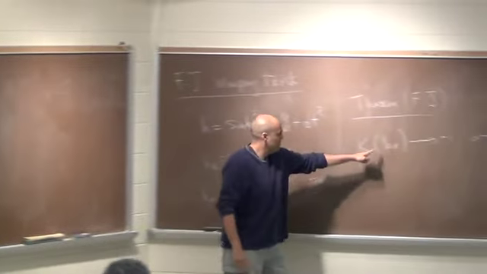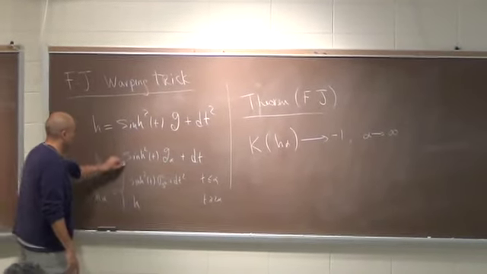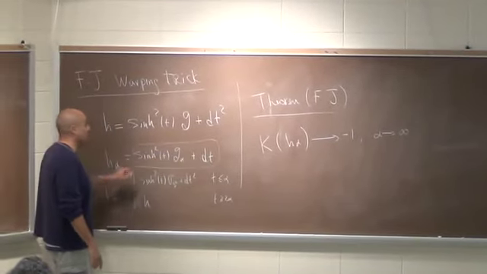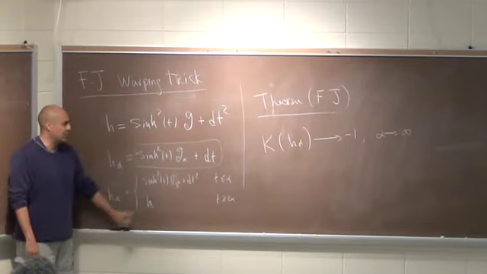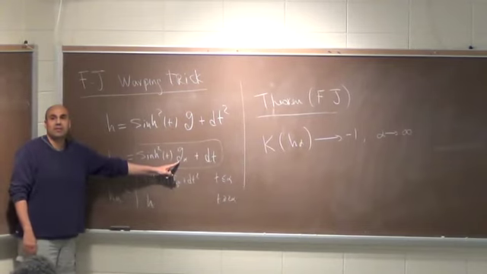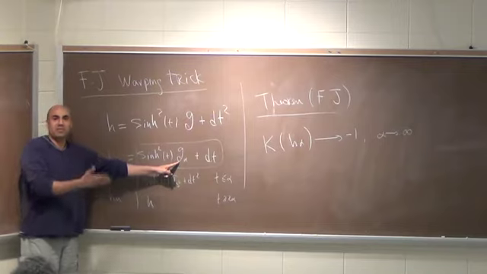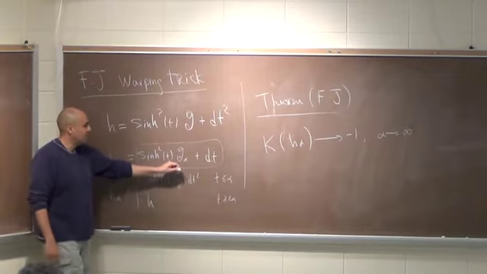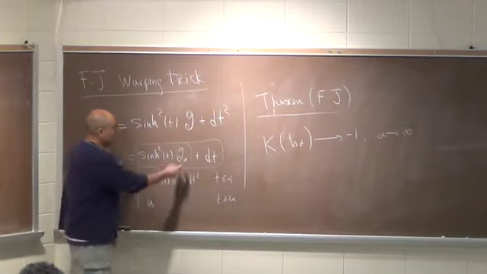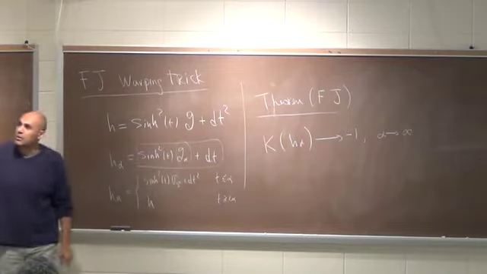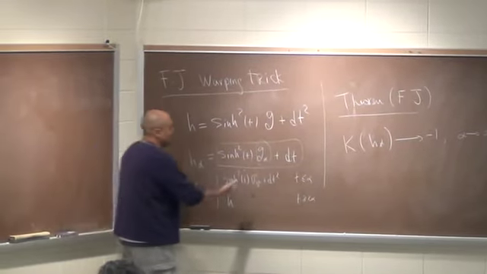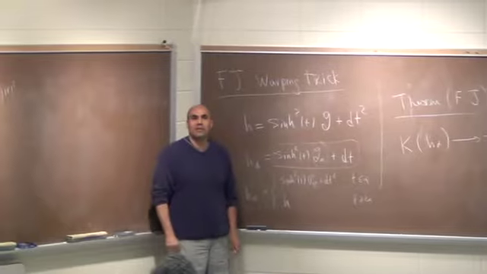Problem. This H alpha is not a warped metric because it is changing with G. That's actually the whole point; you have to change it. If it was fixed as G, then I could use this formula, but it's changing, so I cannot use that formula.